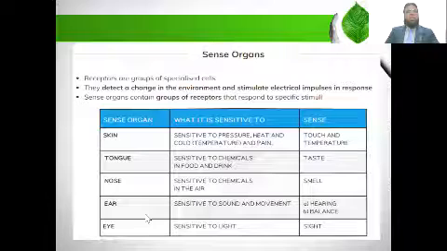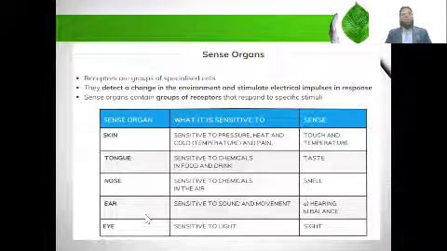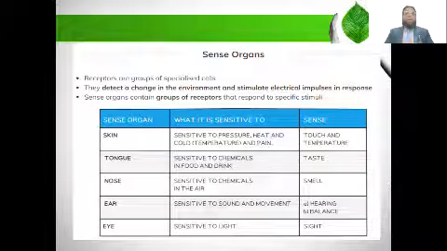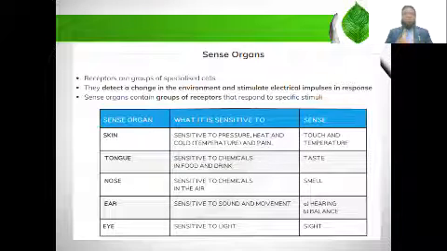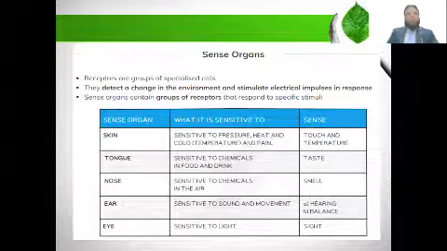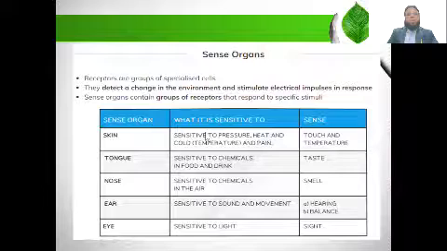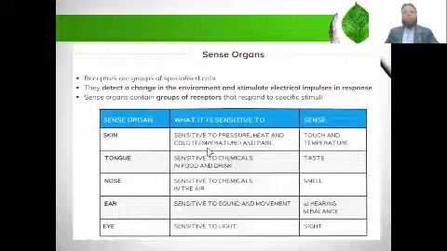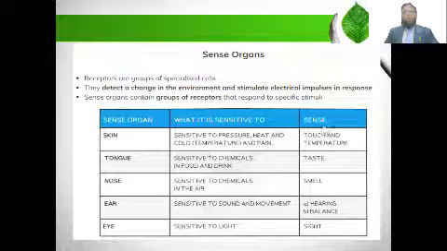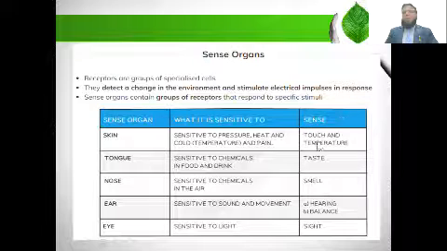Now see the sense organs in our body. Allah subhanahu wa ta'ala has given us so many sense organs by which we sense things. For example, skin is sensitive to pressure, heat and cold, so it gives the sense of touch and the sense of temperature.